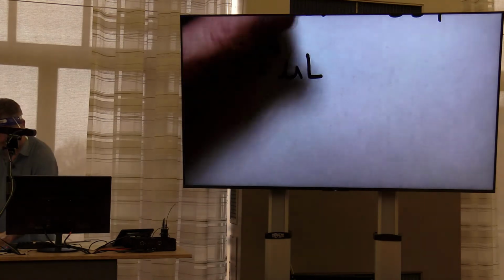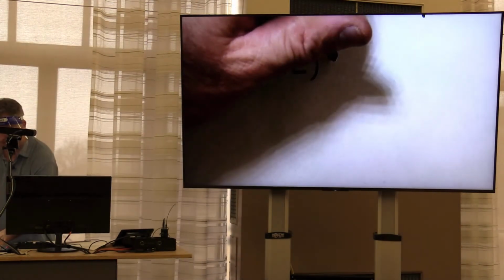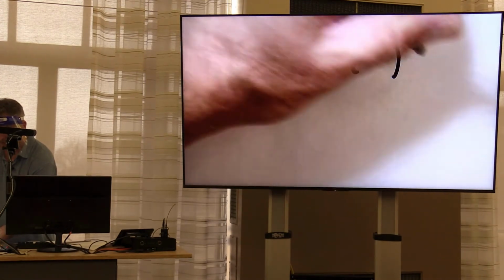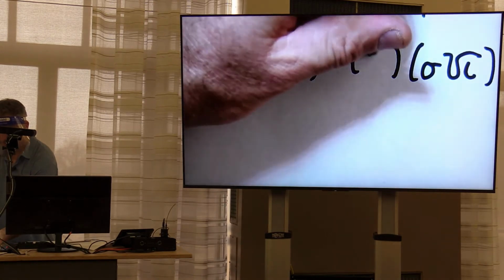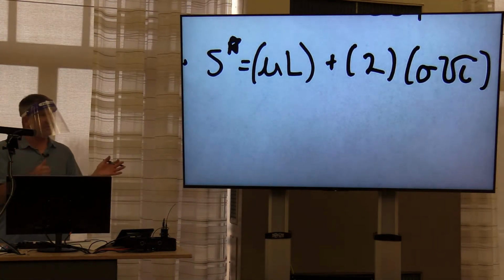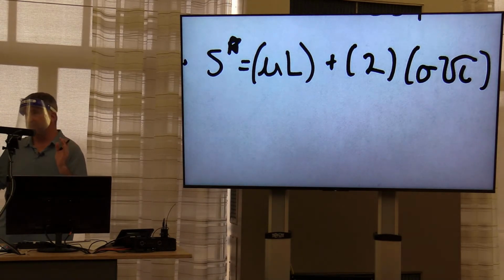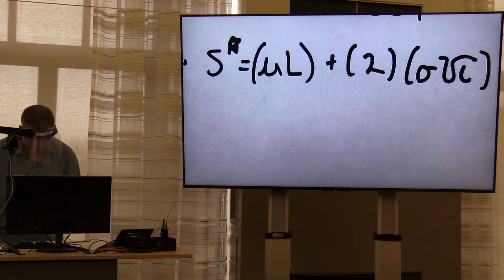We take the average demand over lead time, and we add two standard deviations to it. So we have the average demand over lead time, the standard deviation of demand over lead time, and we say the level should be two standard deviations above the mean.